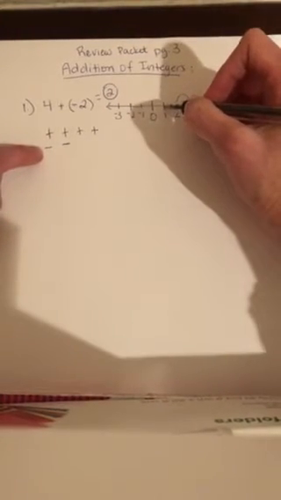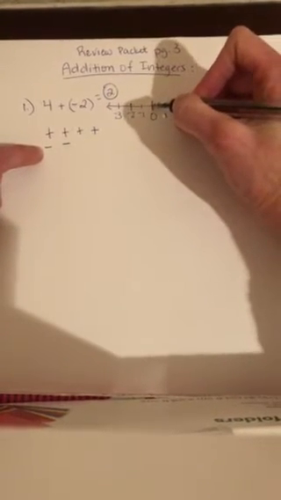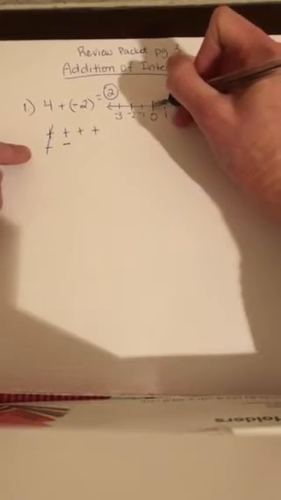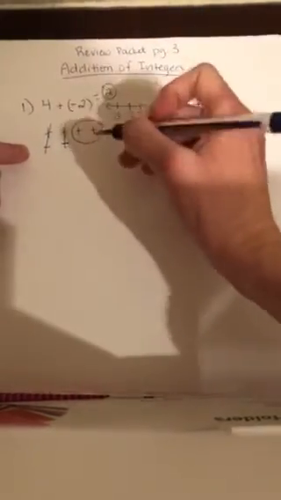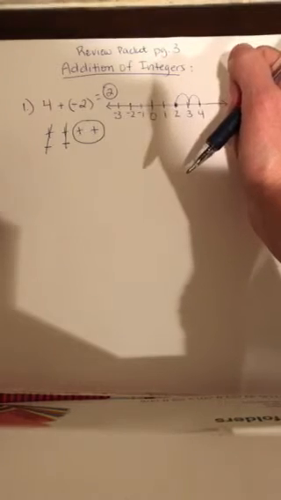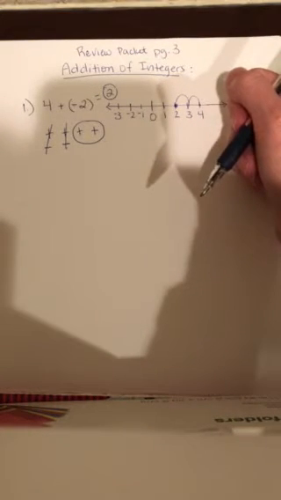Look, +1 minus 1 is 0. That's how we know that. So that cancels each other out. +1 minus 1 is 0. They cancel each other out. Okay, and then we have 2 positives there. See, it's a +2. Okay, let's look at another one.